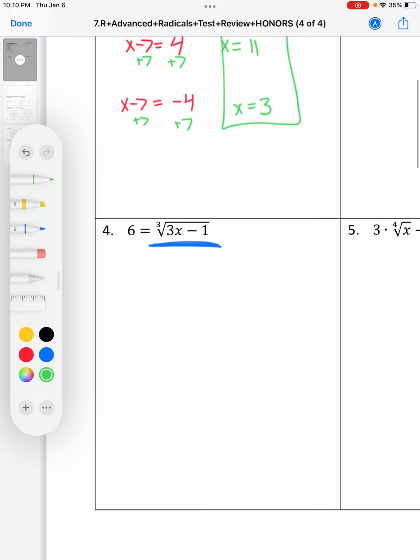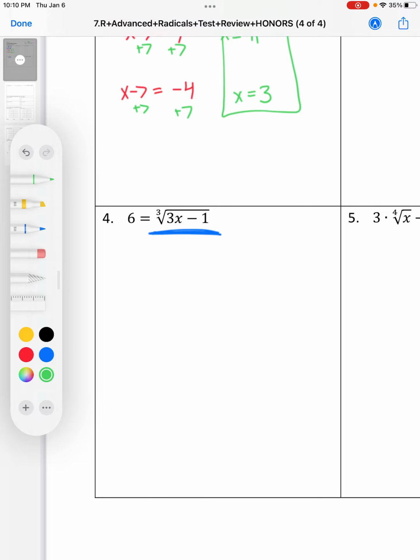Let's look at question 4. Remember, whatever's in the radical needs to be alone. Thankfully, it's already alone. To get rid of a cube root, I cube it. So I'm going to get 216 = 3x - 1. Let's solve for x.